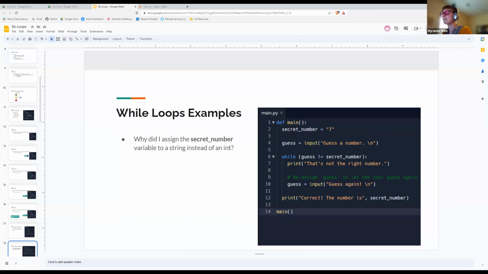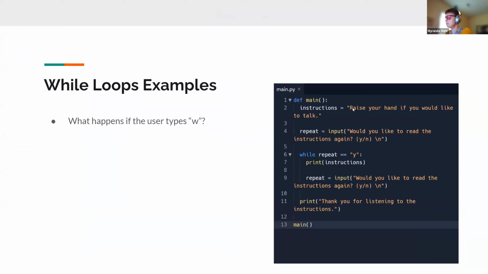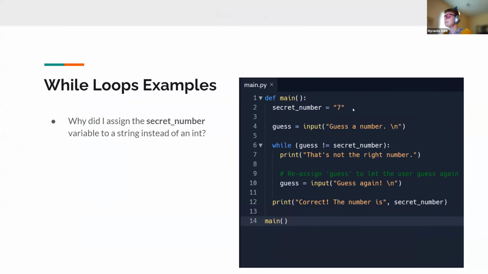Okay, and then another one that I have. In this one, I am asking the user to guess a number, and I want them to keep guessing until they input the correct number. So in this case, I have secret number equals 7. And I say guess equals input, guess a number.